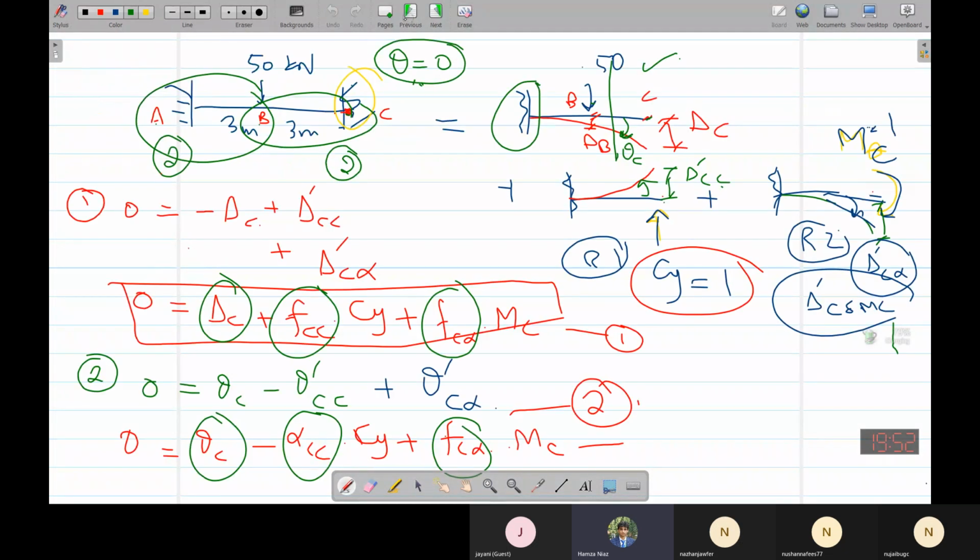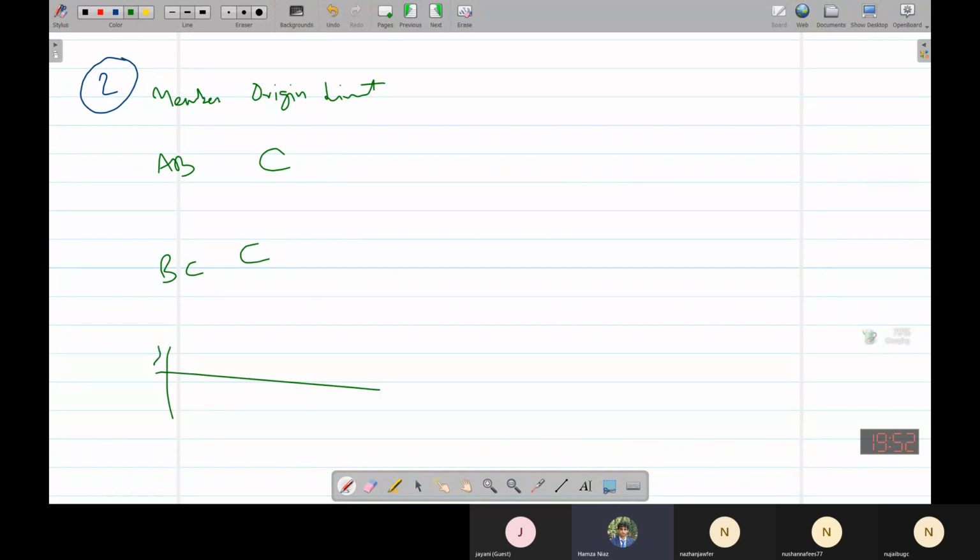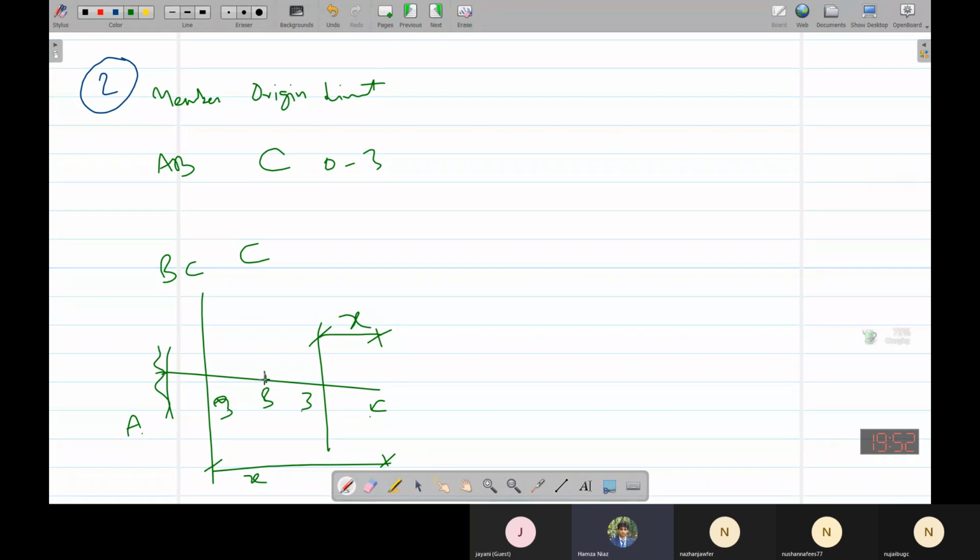So if we take origin C, for BC we can also take it as C. This is our beam, point B, point C. We are cutting a section in the BC portion, and if we take the origin at C, then this would be x. And for the AB portion, this would be our x, as we are still taking the origin as C. All right, the limit would be 0 to 3, because this was 3.